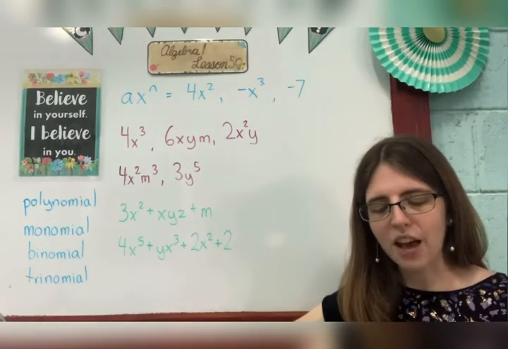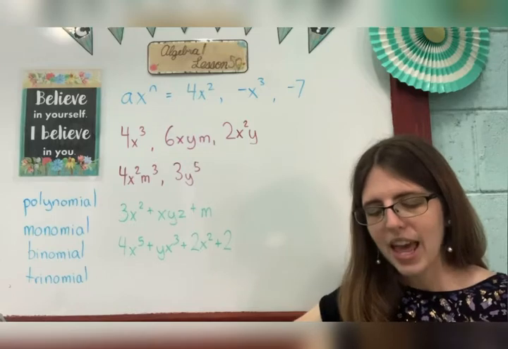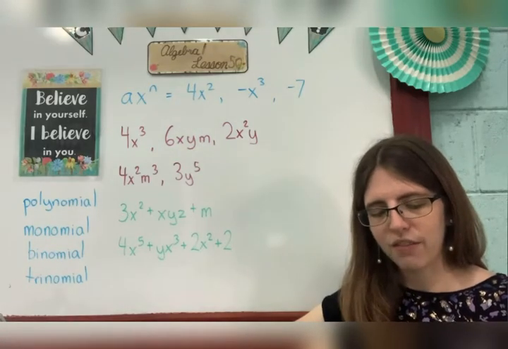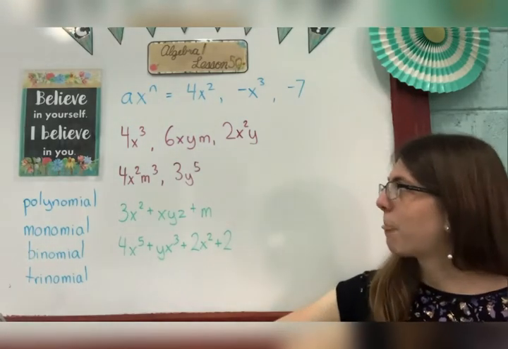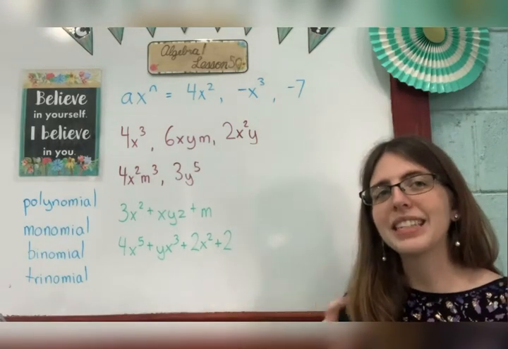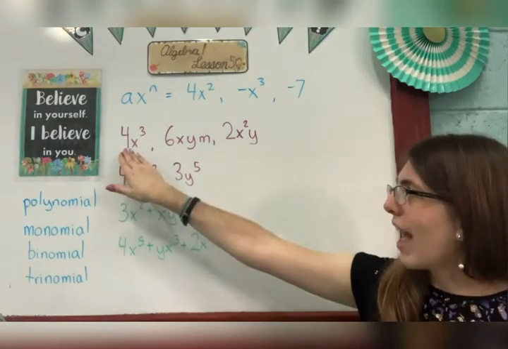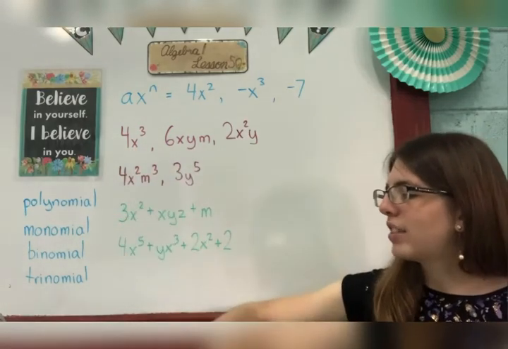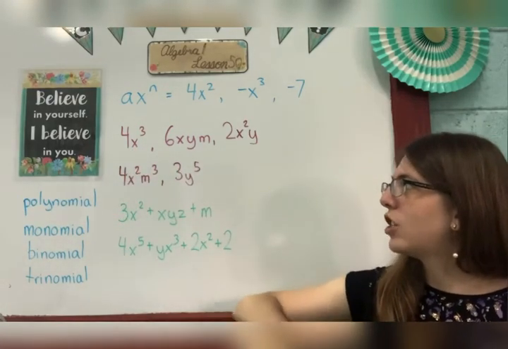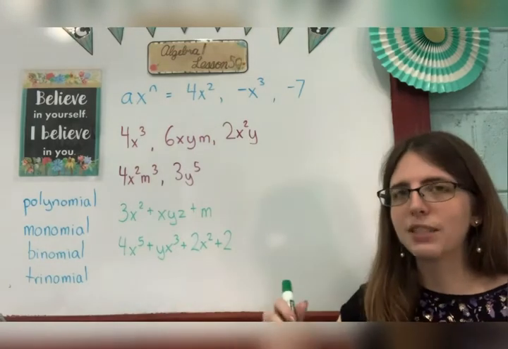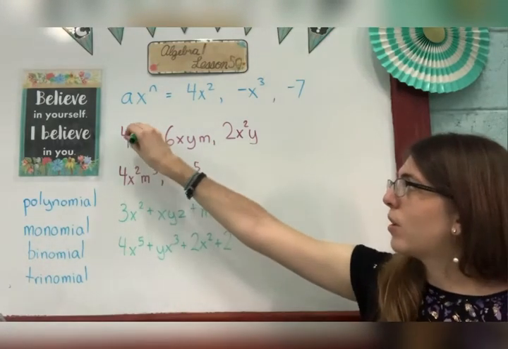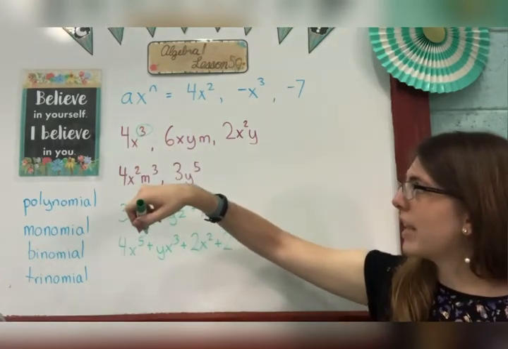Okay, let's talk about another term. The degree of a term of a polynomial is the sum of the exponents of the variables in the term. Okay, so degree is just how we can label polynomials. So 4x^3, the degree of 4x^3 would be the addition of all of the exponents. Well, my only exponent is 3, so it has a degree of 3.